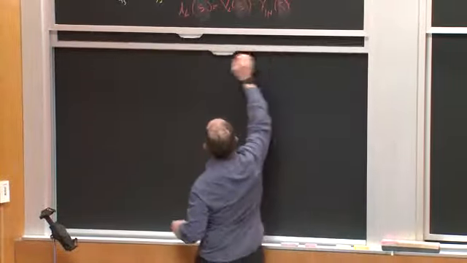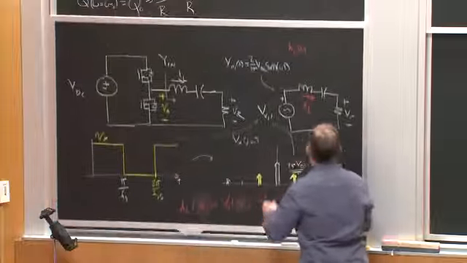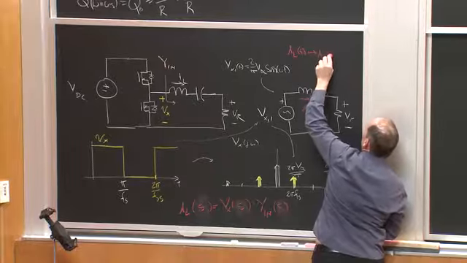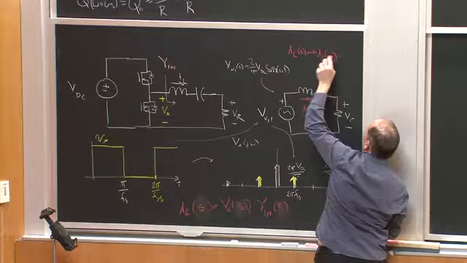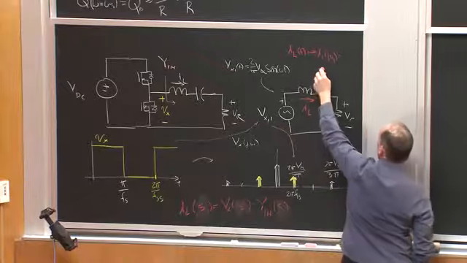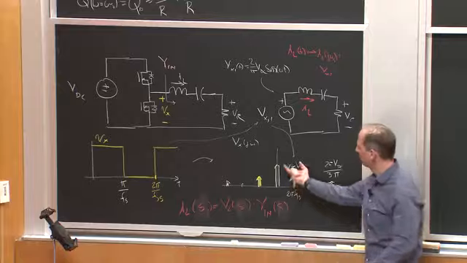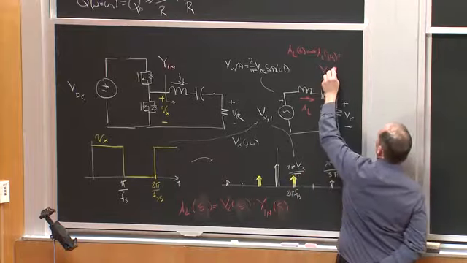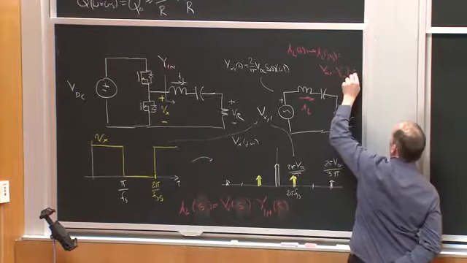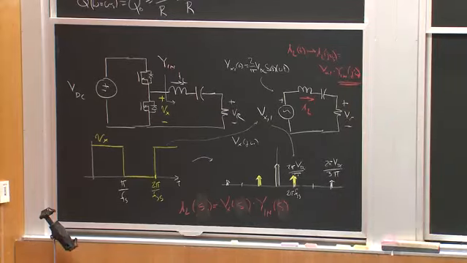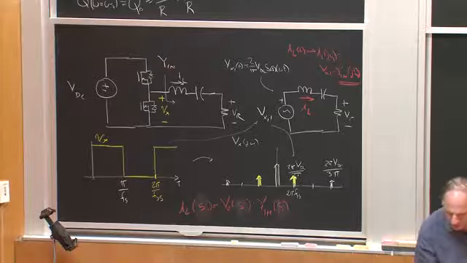I have IL of t here, but I could relate that back and forth with IL of j omega s, which is equal to Vx1, the amplitude of the fundamental, times Yn of j omega s. And it's the fact that the admittance is so frequency selective that lets me modulate power. Okay. All right. Let's think about how we could do that.